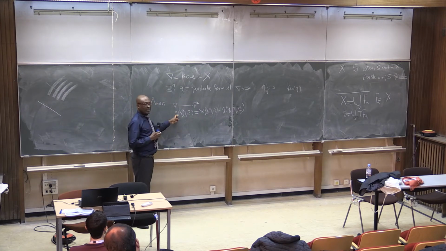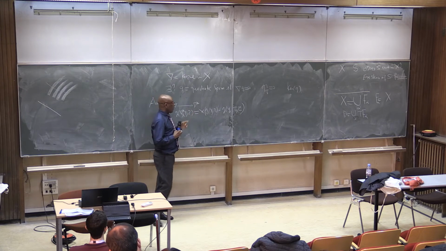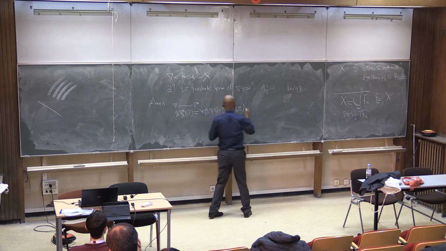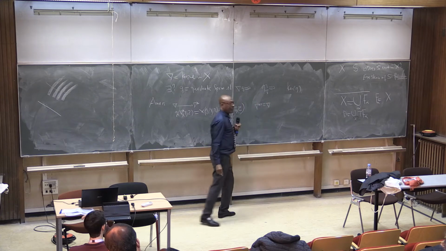We take some Riemannian metric and we take this transformation, so that this is called the conjugate, and G star equals G.